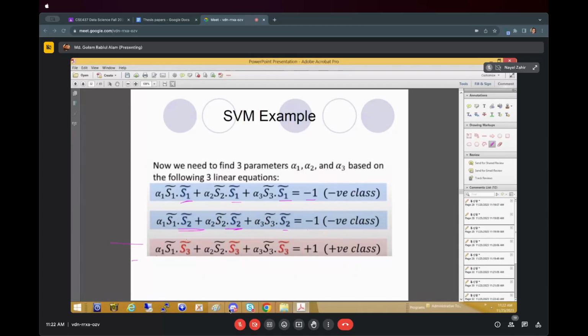And support vector 3 is from the positive class. So the first equation has S1 fixed, the second equation has S2 fixed, and the third equation has S3 fixed. And then we change the variables like S1, S2, and S3.